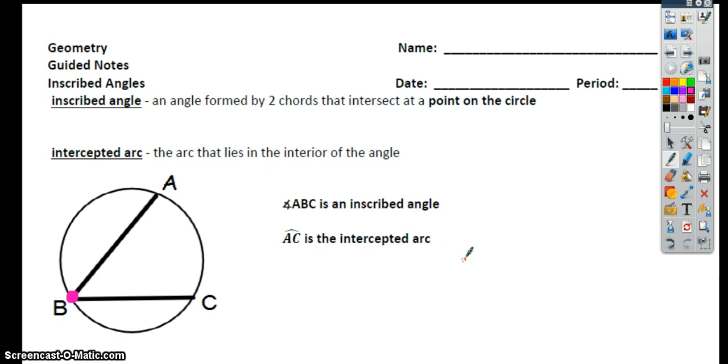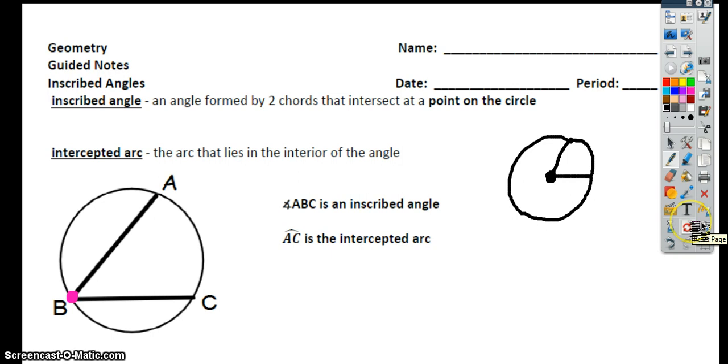Now the trick to doing problems with inscribed angles is what I was telling you to do for central angles, but it probably didn't make much sense for central angles. Let me go talk about what I mean here. Here is a central angle. It's an angle that has at its vertex the center of the circle.